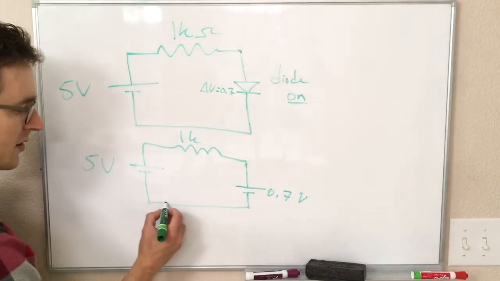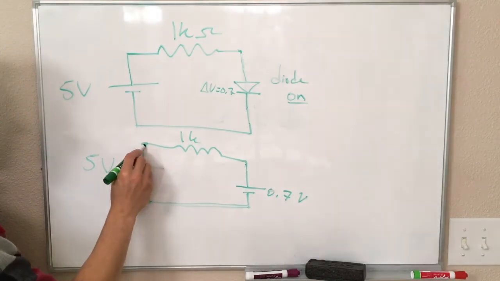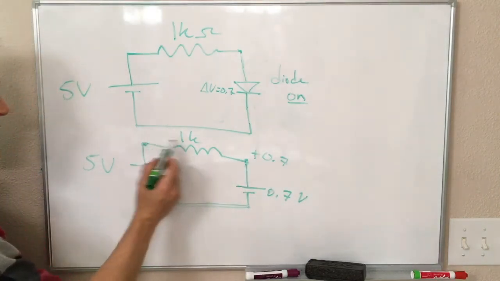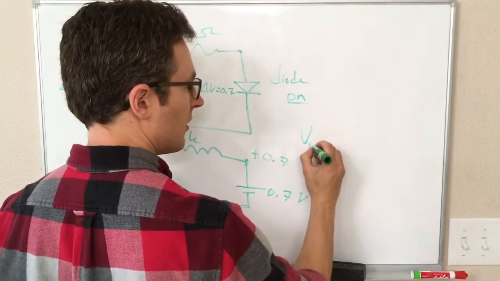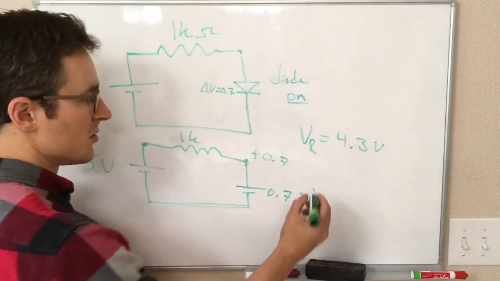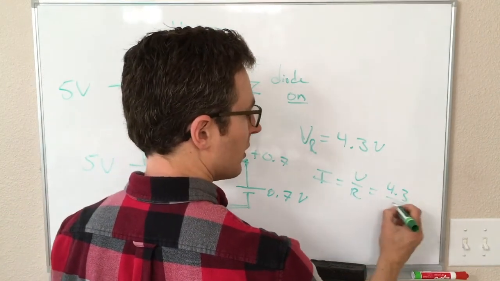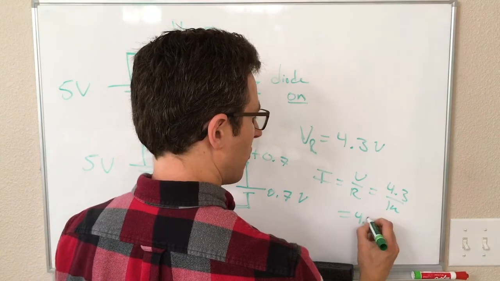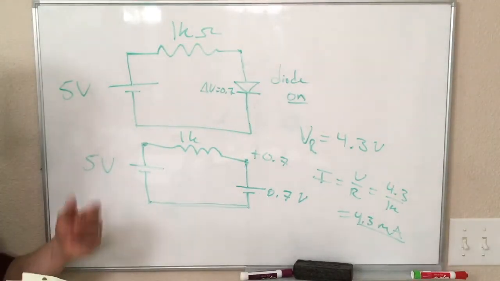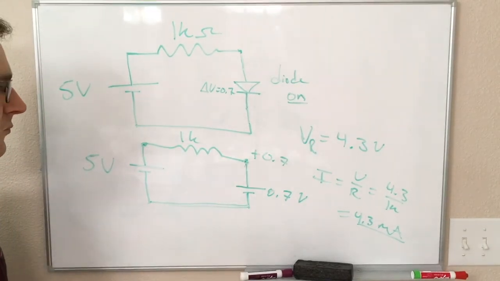If we're calling this 0 volts down here, that means this point is plus 5 volts, this point is plus 0.7 volts, and that gives us a voltage difference across the resistor, V sub R, of 4.3 volts. So then the current is equal to V over R, which is 4.3 over 1K, which is going to be 4.3 milliamps, and that is the only missing variable about this circuit.